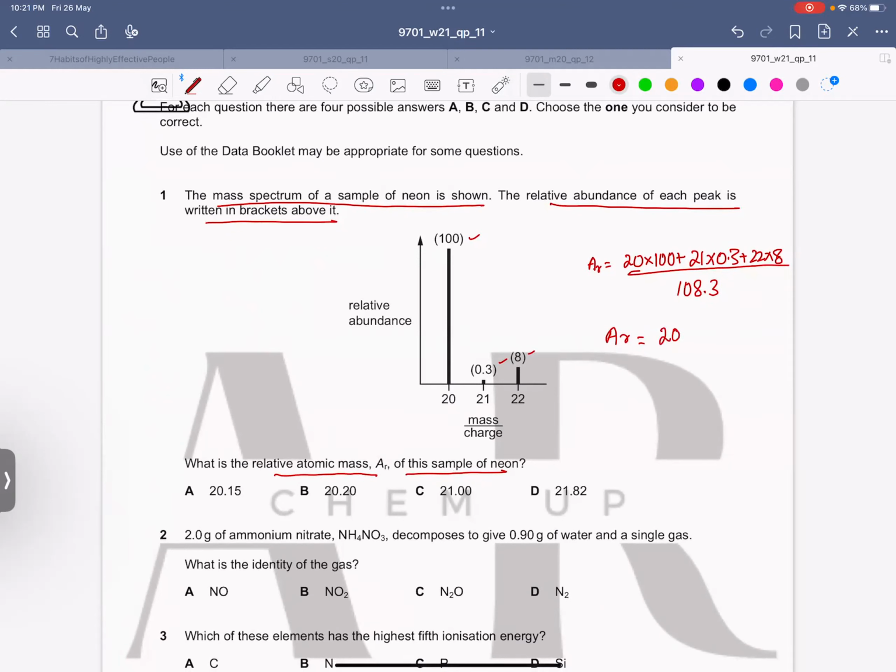It's 20.15. Okay. Okay, 20 into 100 and by adding the relative abundances, Naveen.